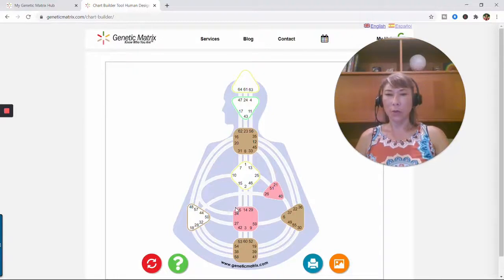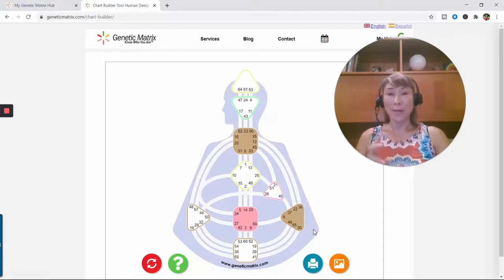The two types or categories of manifesting generator are known as the pure manifesting generator and the emotional manifesting generator. So can you guess which motorized center is defined on a manifesting generator's chart in addition to the sacral center? That would be the emotional solar plexus, right?